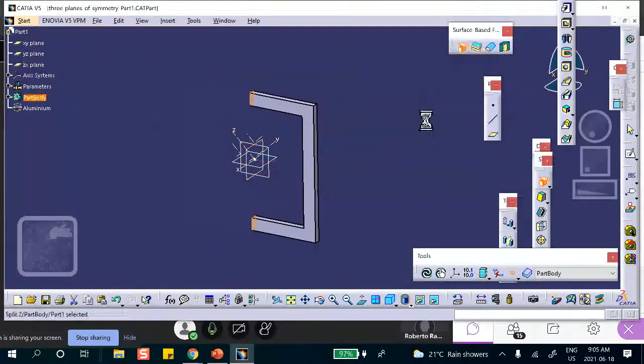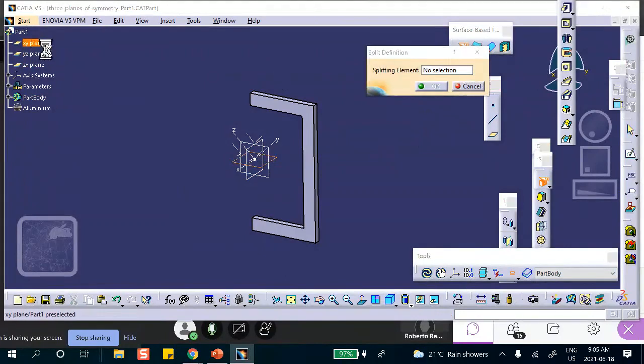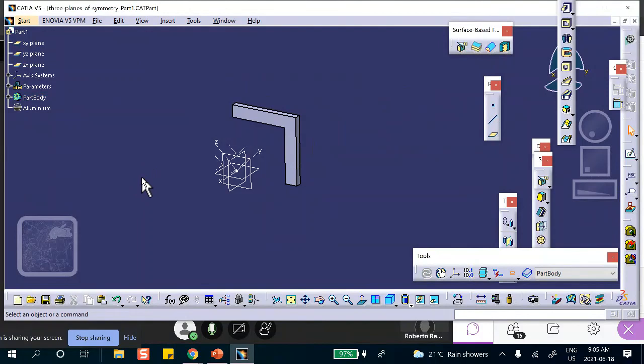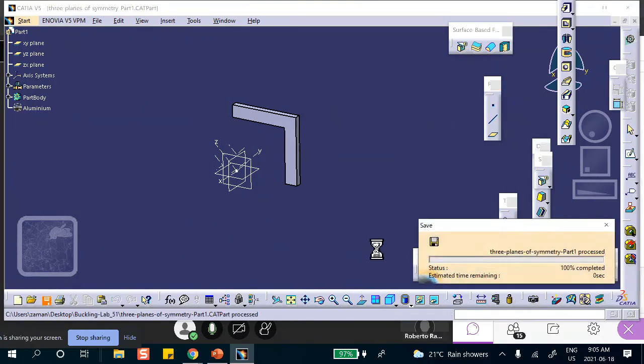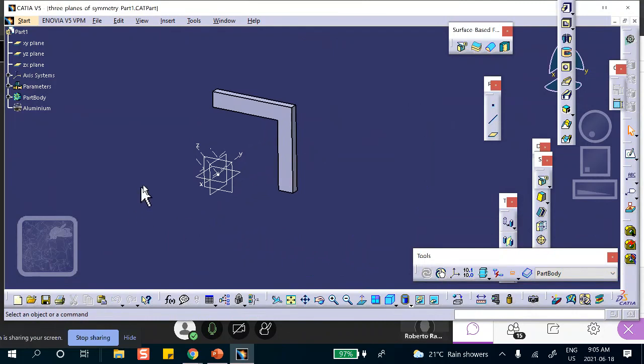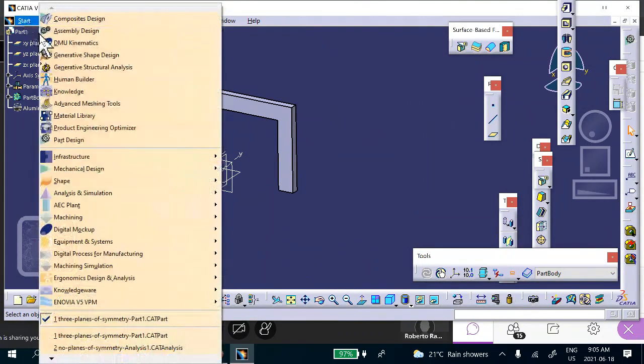Yeah, okay, XZ. There. Split it with XY. Okay, good. I didn't destroy my original part because I renamed this thing to a different name. You can see that. 3 planes of symmetry. And all I do is click on the floppy and it'll do it for you. Okay? Save it. Now we're going to do the analysis.